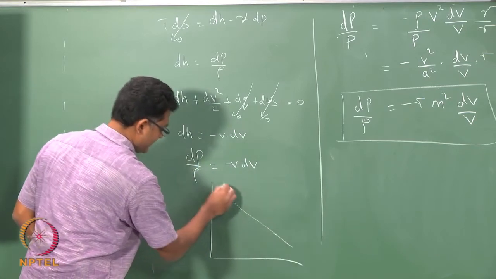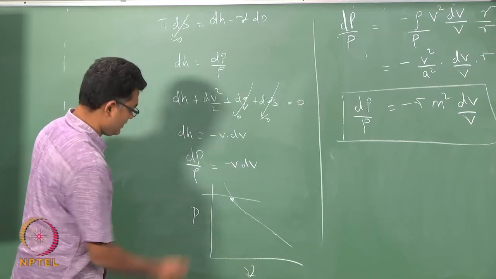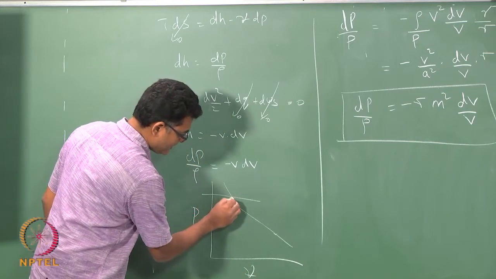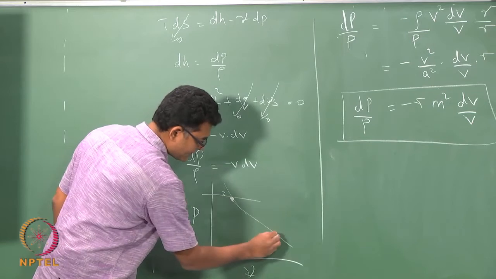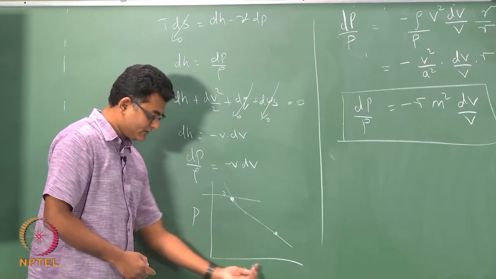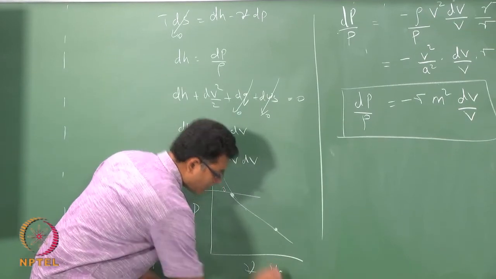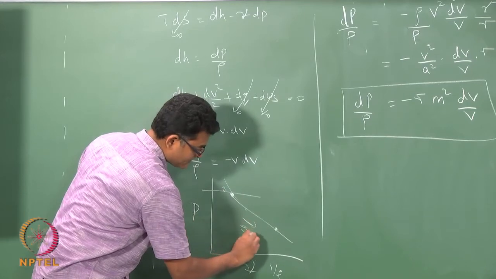if this is my isentropic process, this is PV. For an isentropic process, from stagnation state to some static state where you have generated a velocity, the volume has increased, which means the density has gone down. So, this is an expansion process.